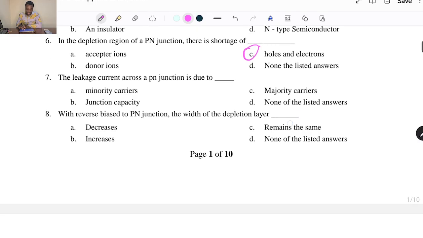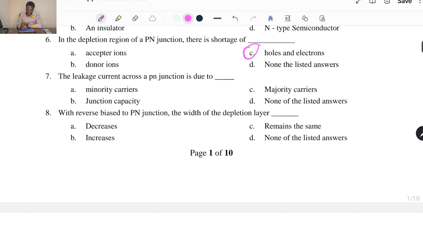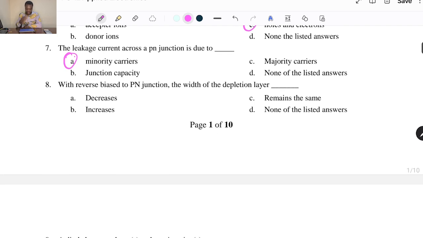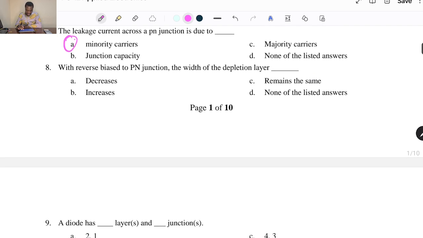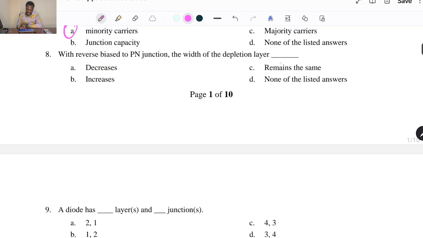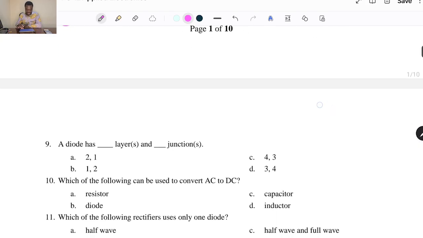Reverse current is also called leakage current, and as we know, it is due to minority carriers. When reverse biased, the width of the depletion layer, we know that with reverse bias, the depletion region is going to increase. So it becomes widened.